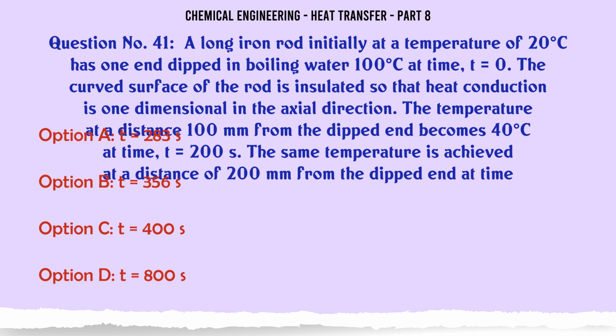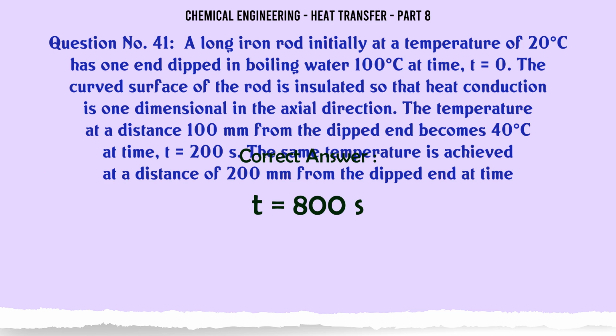The same temperature is achieved at a distance of 200 mm from the dipped end at time: A. t=283 s, B. t=356 s, C. t=400 s, D. t=800 s. The correct answer is t=800 s.